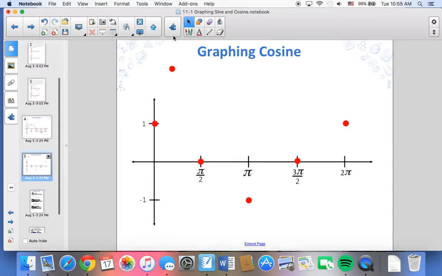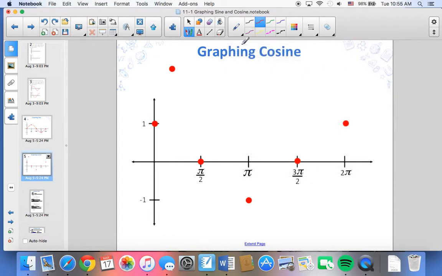So let's connect these. I'll try my best. Okay. Hopefully, again, yours looks a little better than mine, but that's the basic idea.